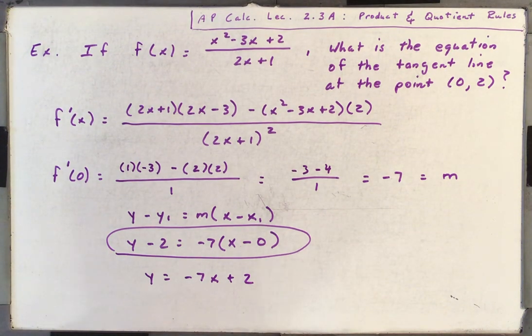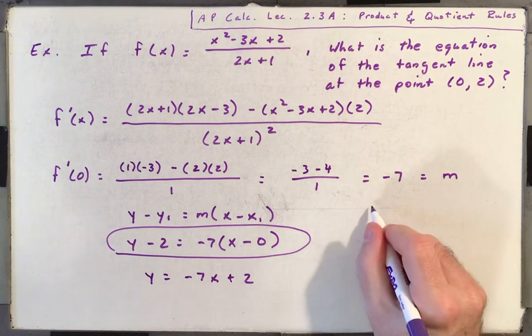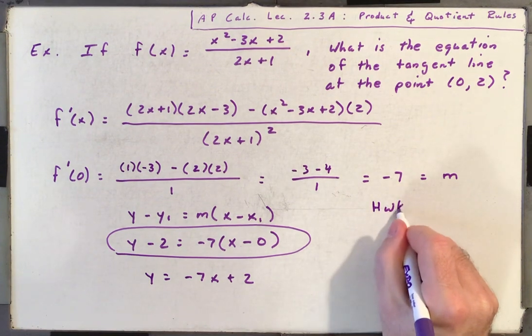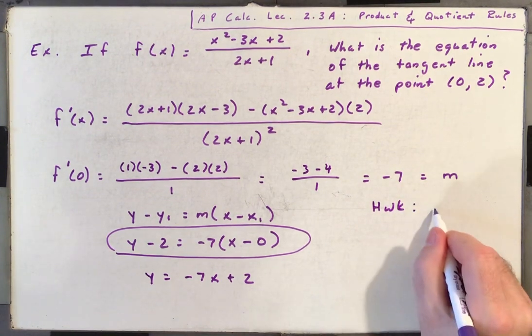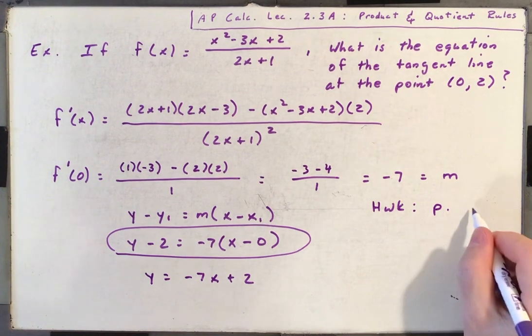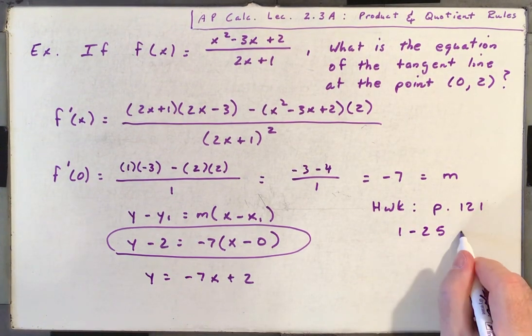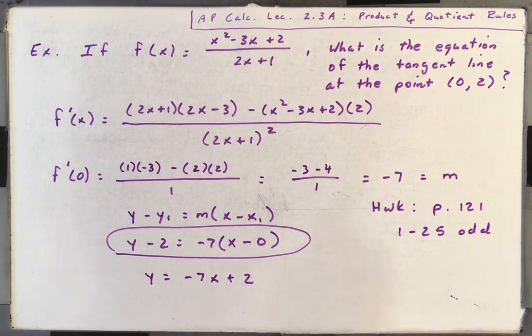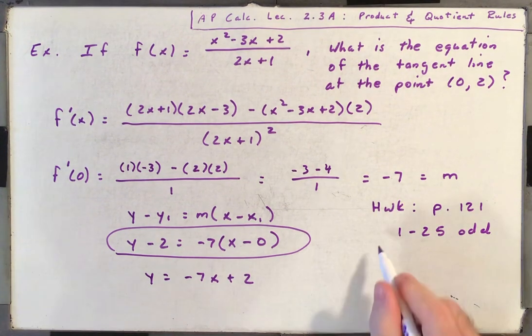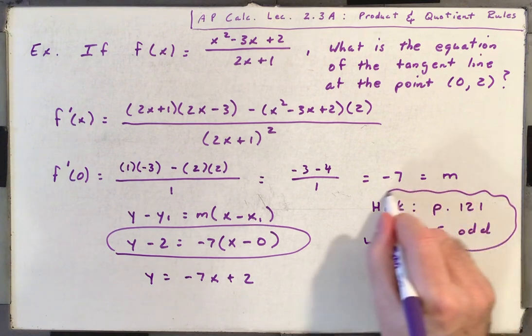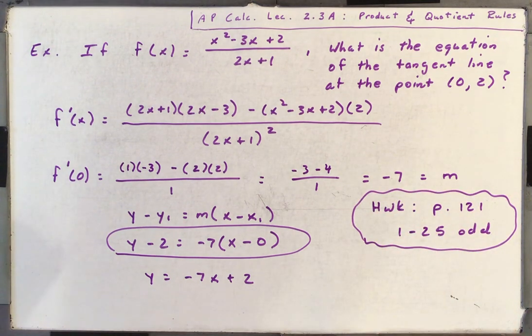Okay, so the homework for product rule and quotient rule is page 121, 1 through 25 odd. Okay, so in the back of the book, they do a lot more simplification than I require.